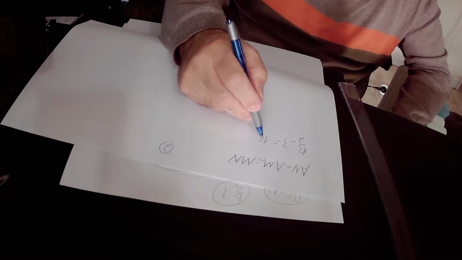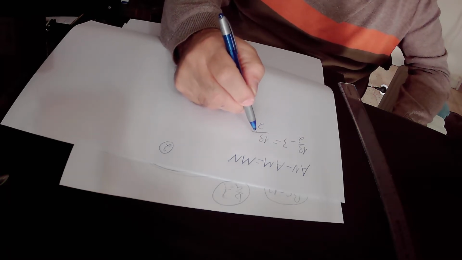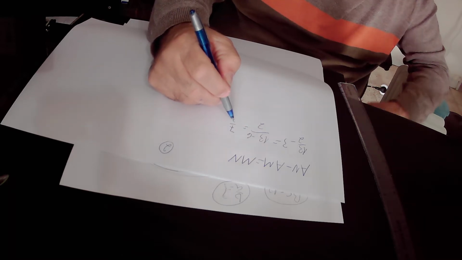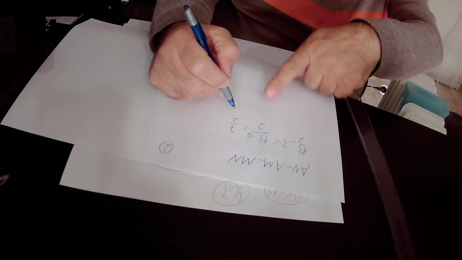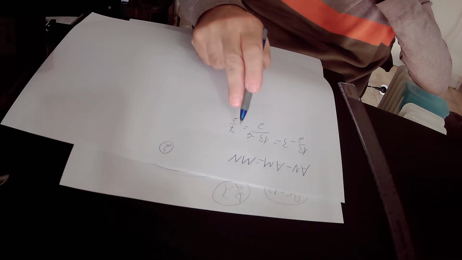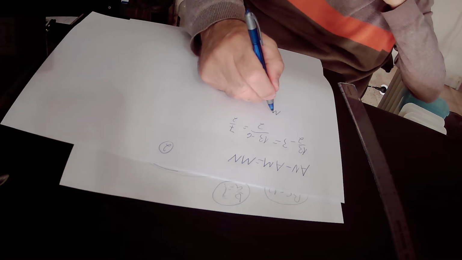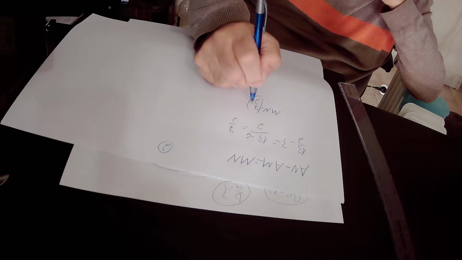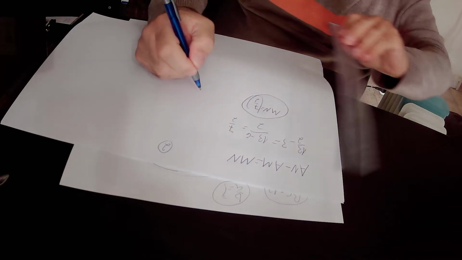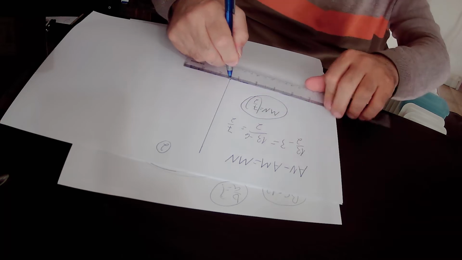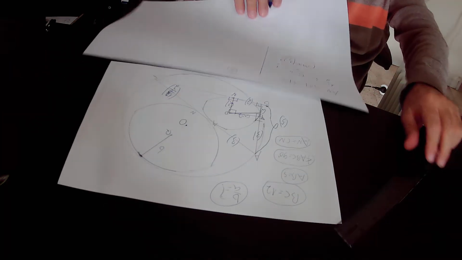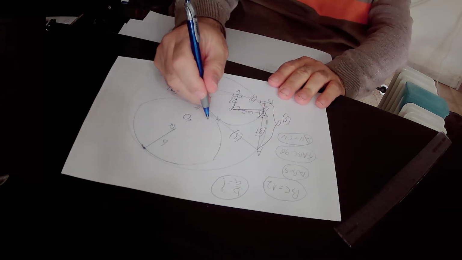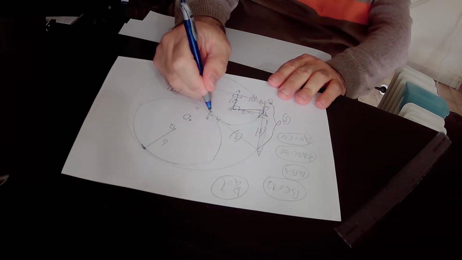So here we have 13 over 2, minus 3 times 2 is minus 6. 13 minus 6 is 7, so in total this expression equals 7 over 2. That is to say, MN equals 7 over 2. So we can write here in the drawing that this line segment MN is equal to 7 over 2 units.